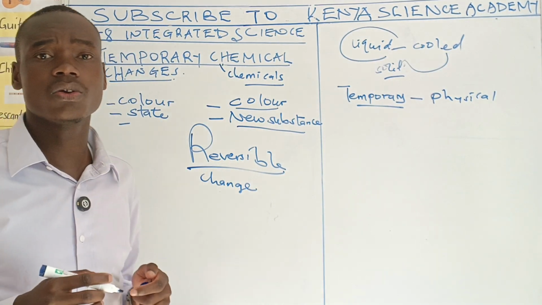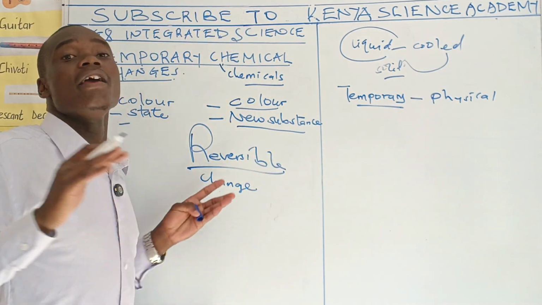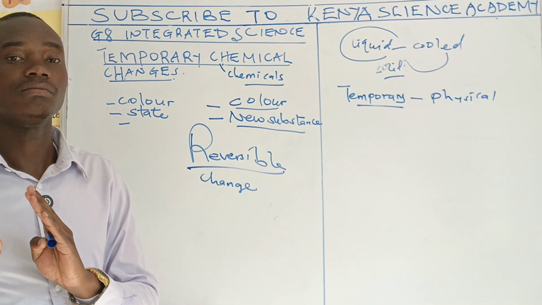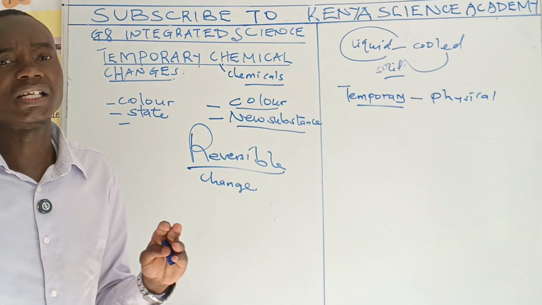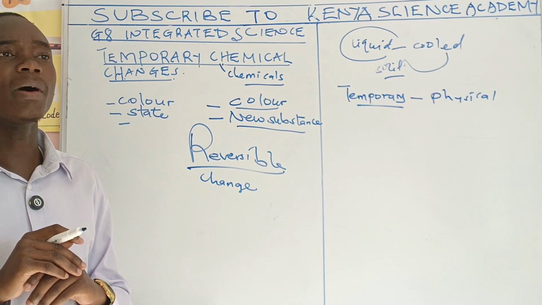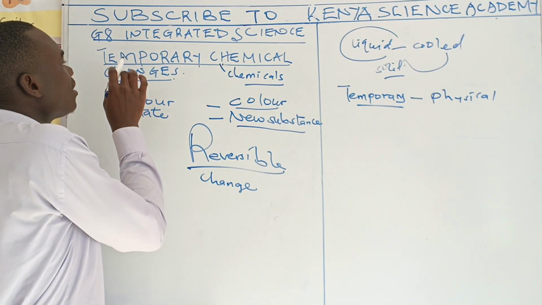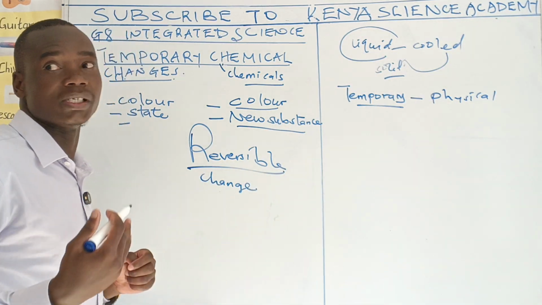So chemicals also behave in that manner. And there are other chemicals that, whatever you do unto them, they will stick to their colors. So that is permanent. Remember to get the difference. In temporary physical changes, we see the changes as they happen.